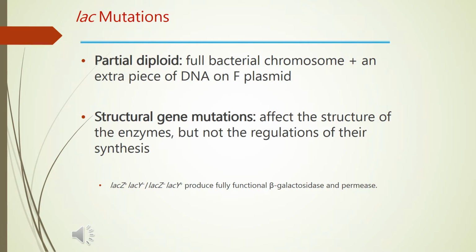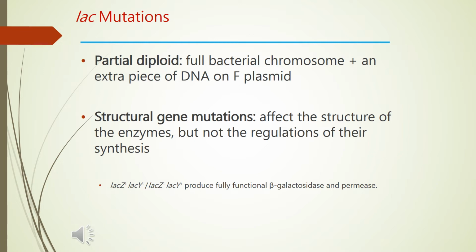Here at least one copy of the DNA fragment is enough to produce a functional beta galactosidase and permease. Because you can see that on the left side, lac Z plus is positive.